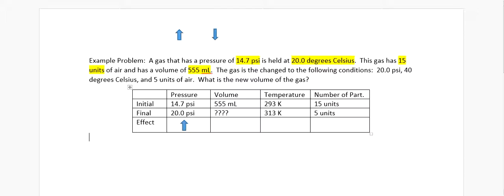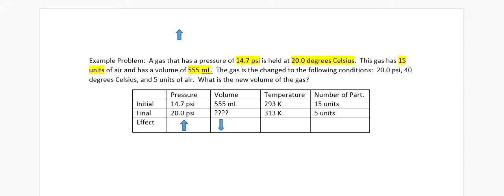So now the question is, if pressure increases, what effect would that have on the volume? Well, I know that pressure and volume are inversely proportional. That's what Boyle's law states. And so because they are inversely proportional, I know that if the pressure increases, then volume is going to be decreasing by the same amount.